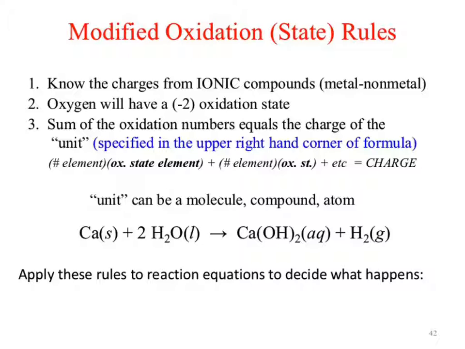The next big one is oxygen is always a -2. Well, oxidation state is the balance of electrons and protons. Why would oxygen always take 2 electrons from whatever it was connected to? Well, nitrogen needs to take 3, but if I put nitrogen next to oxygen, oxygen's a -2, nitrogen is not.